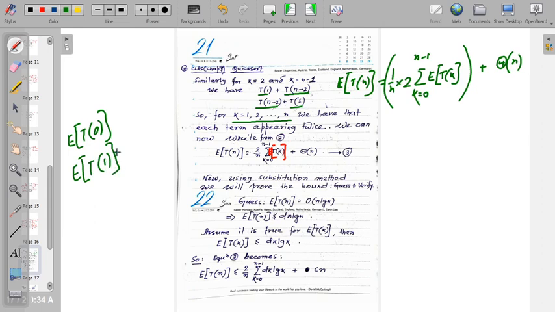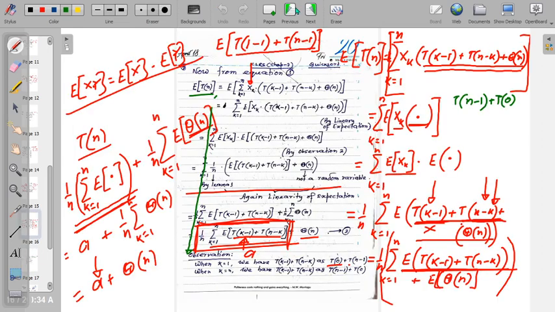And up to n minus 1, it will be the expectation of T n minus 1. So remember that whenever k equals to 1, the terms which appear are T0 and T n minus 1.